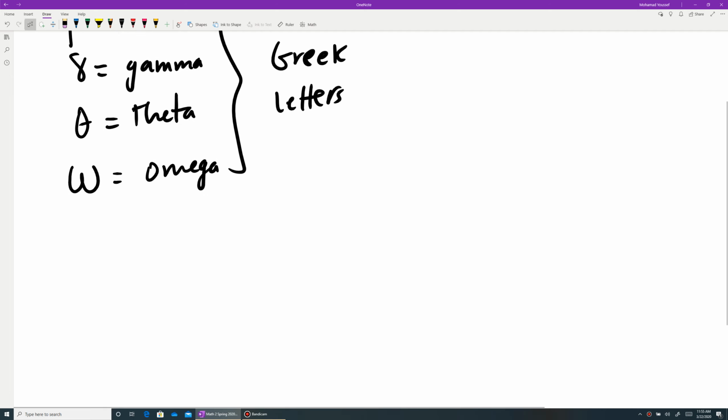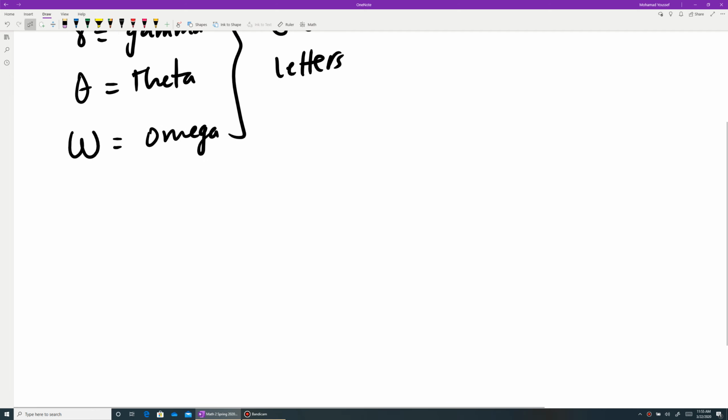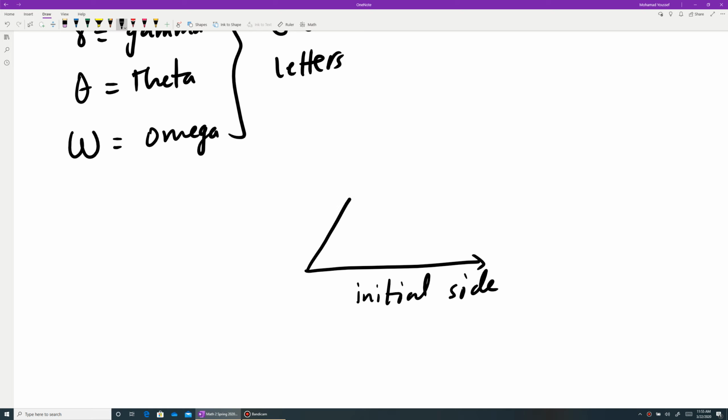The first thing, because we're talking about angles, we are going to draw a line. This line I'm going to call the initial side. And let's say I draw an angle like this. This is the angle I'm going to draw, call it alpha. This is called the terminal side.